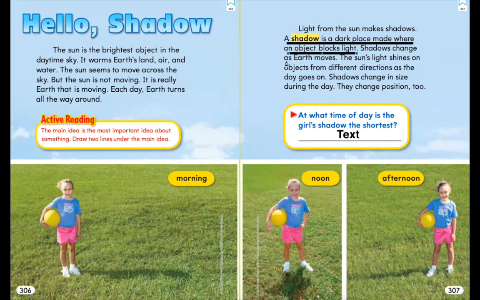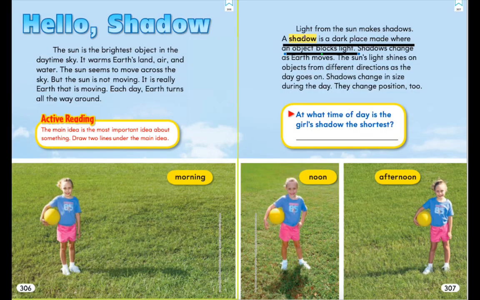Shadows change as Earth moves. The sun's light shines on the objects from different directions as the day goes on. Shadows change in size during the day. They change position too. So first, let me tell you what a shadow is. A shadow is a dark place where an object blocks the light.